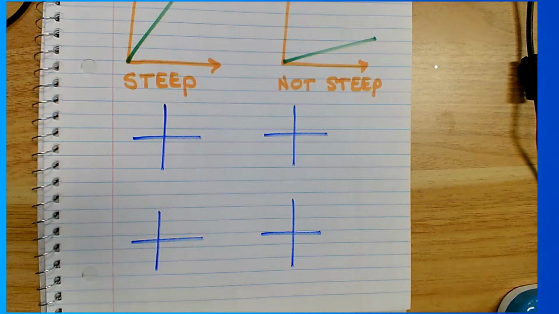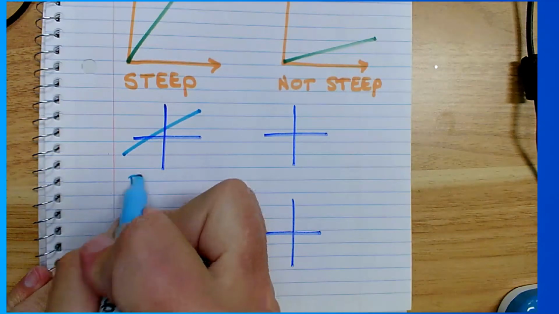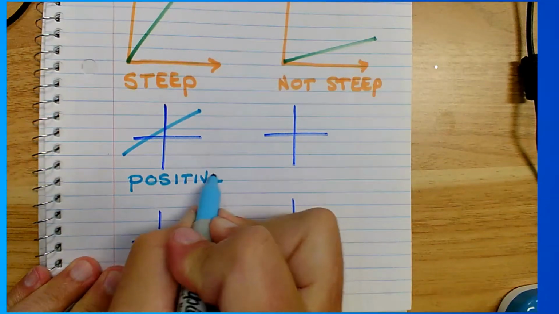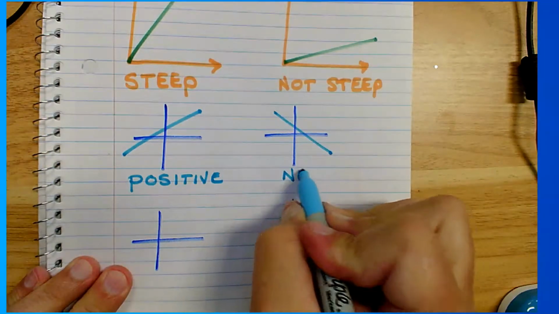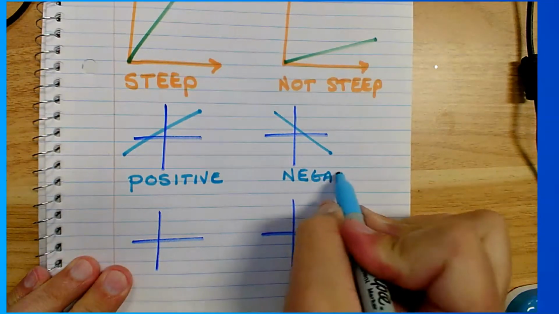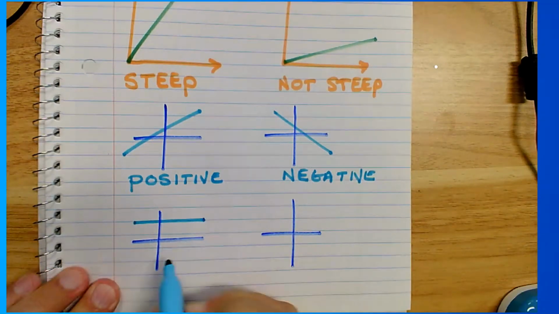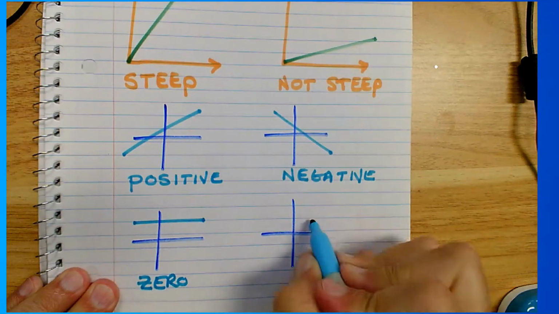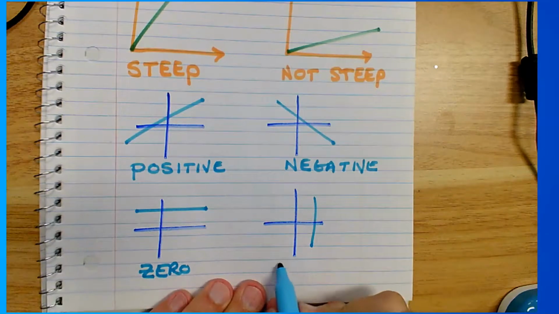The first one is positive. The next one is negative. The next one is 0. And the last one is undefined.